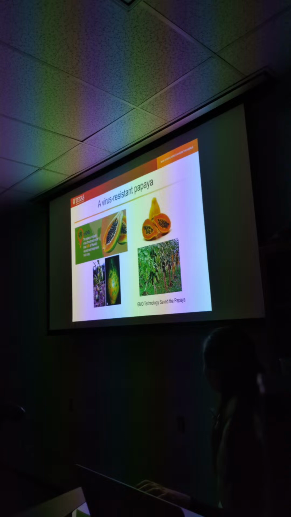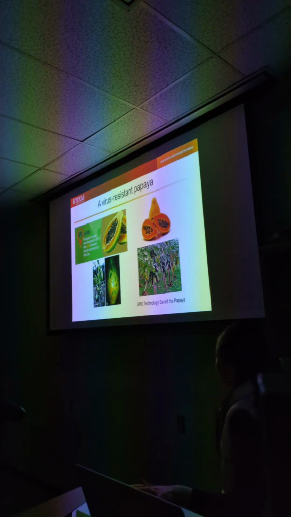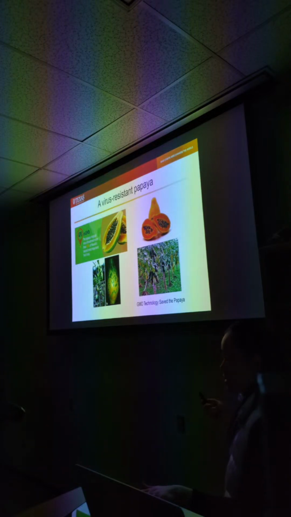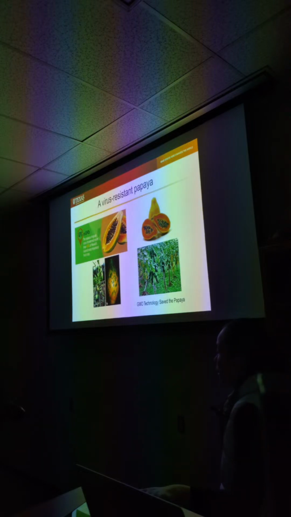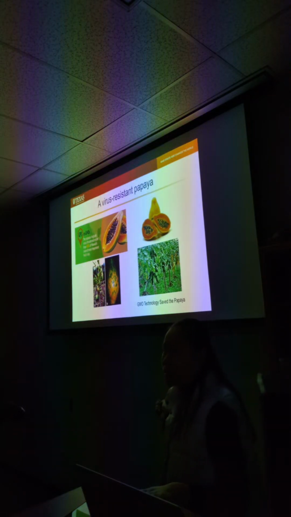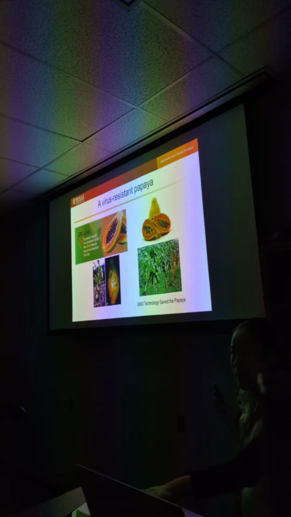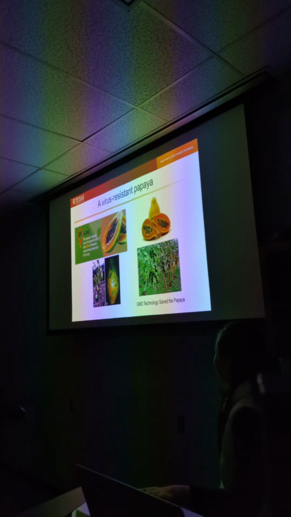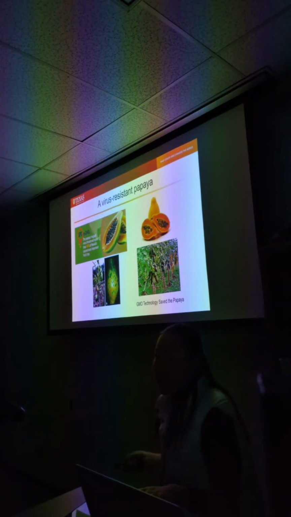They will look like this. So scientists transferred two genes from ringspot virus into the papaya plants, and the transgenic papaya plants have resistance to this kind of virus, but it doesn't affect the papaya plants' growth. So this technology saved the Hawaii papaya.